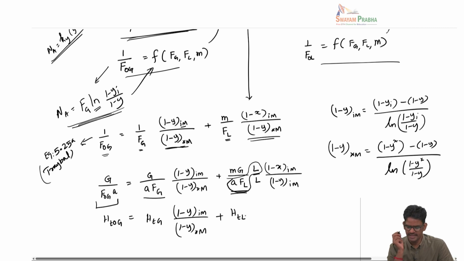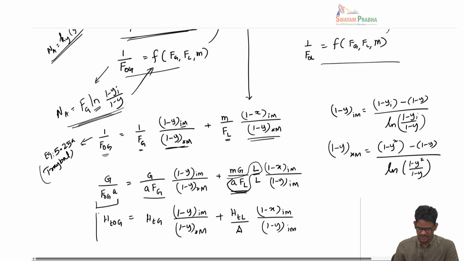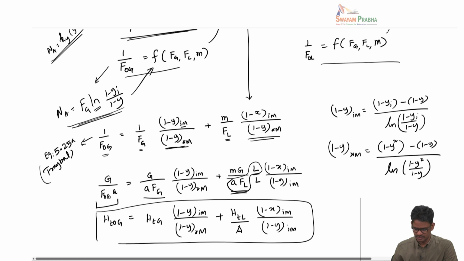What is this mG by L term? 1 by this is absorption factor A. Then the remaining terms are as such. So this is the expression for HTOG.